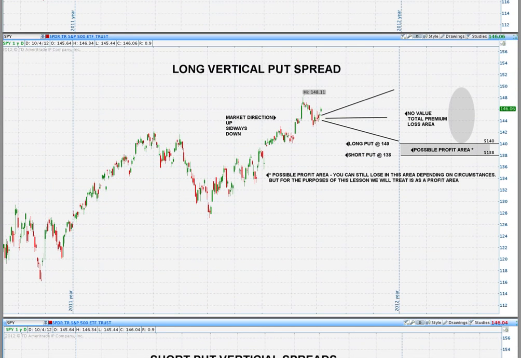If the price is in the out of the money area and you purchase the vertical put spread, then your bias is that it's going to go down and would go into this profit area or perhaps beyond, and then you would pick up whatever the differential is.